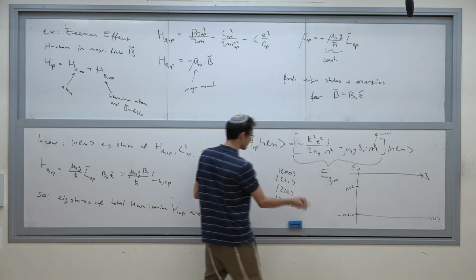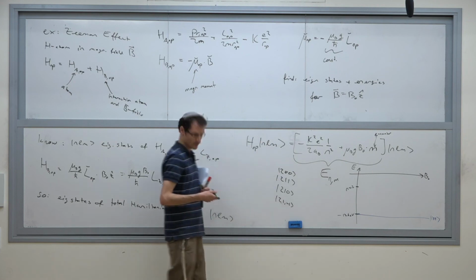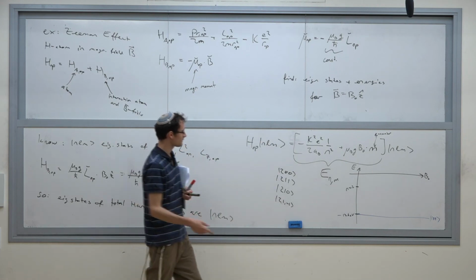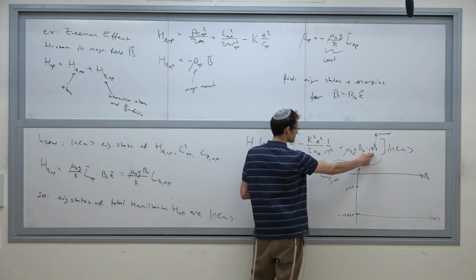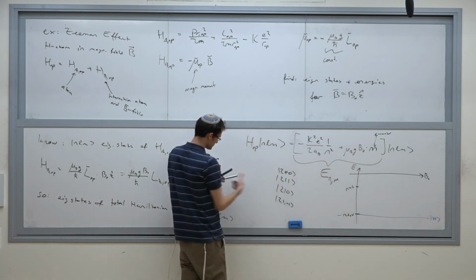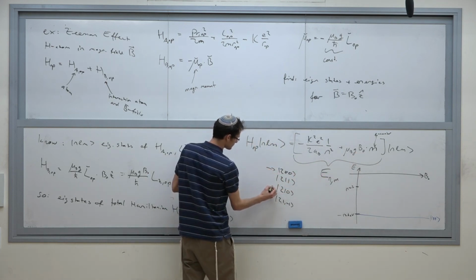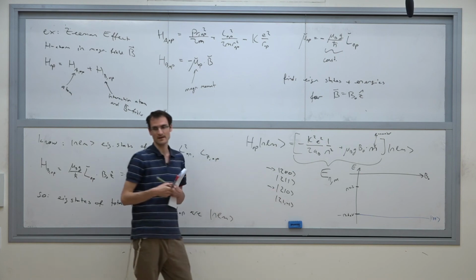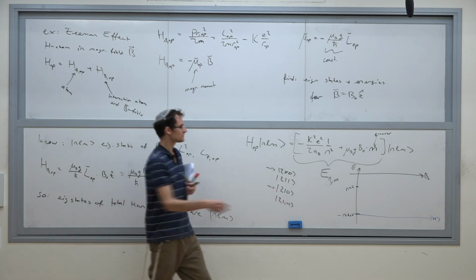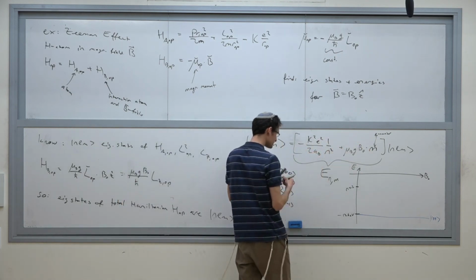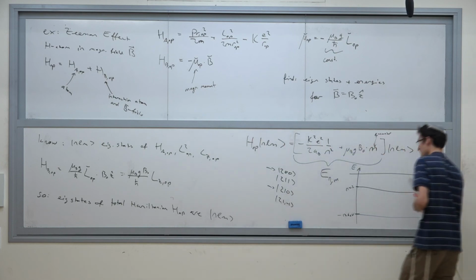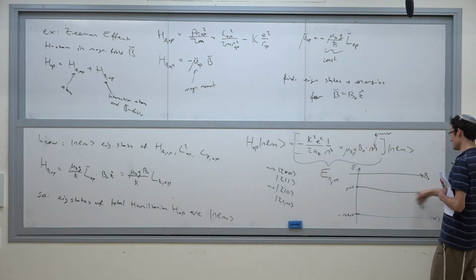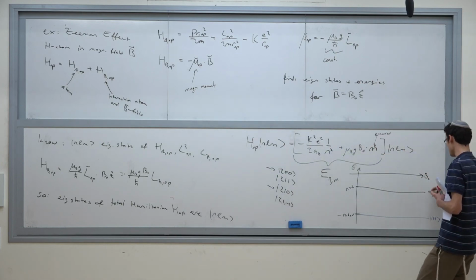And we saw earlier that they're all degenerate. But inside the magnetic field, the energy changes. So these 2 states, 2, 0, 0 and 2, 1, 0, are not affected by the magnetic field because m equals 0, so this term drops off. So they're constant as a function of the magnetic field.